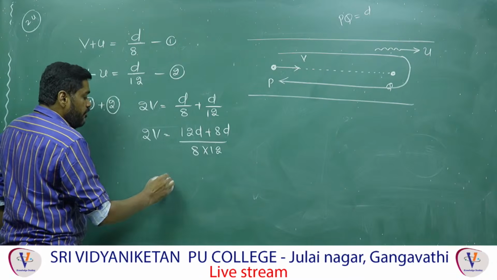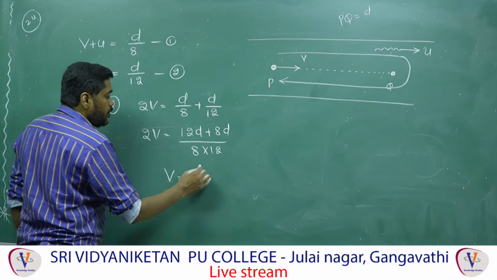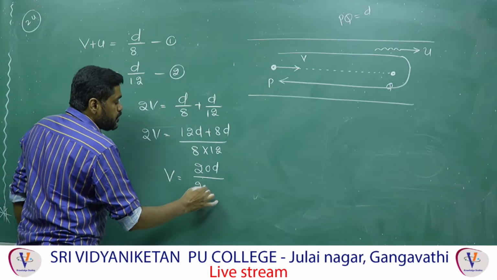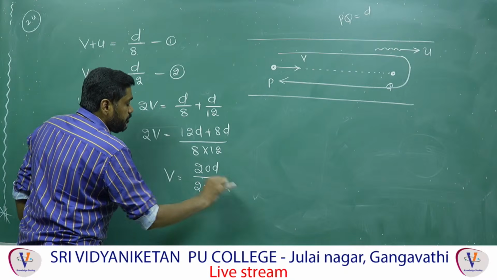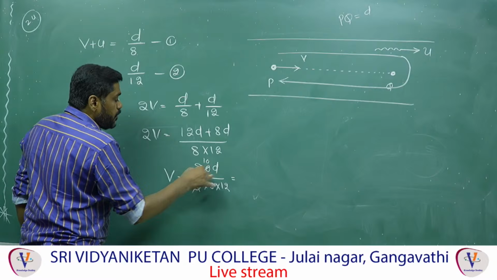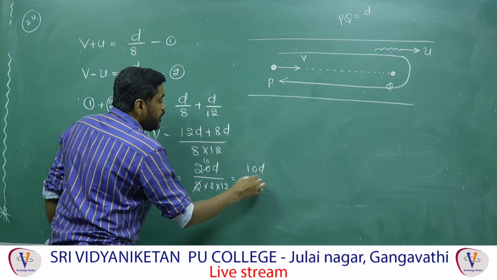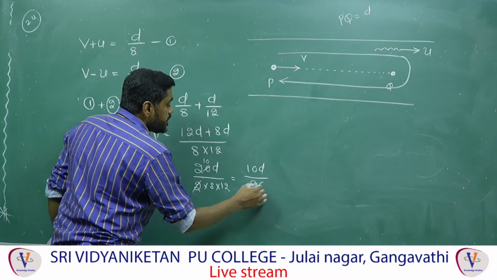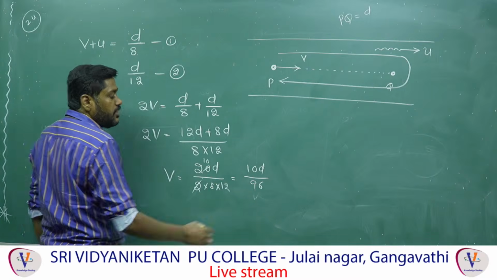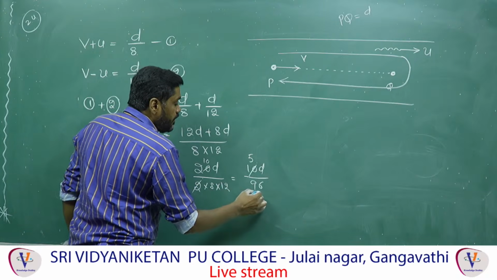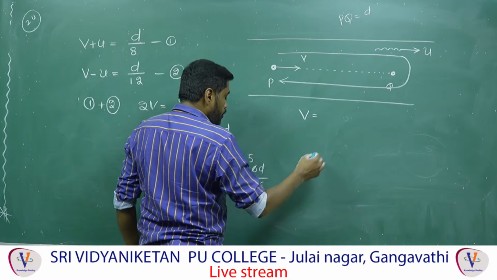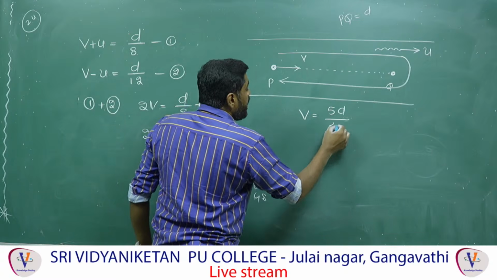Therefore V is equal to 20D by 2 into 8 into 12, that is 10D by 96. Again 2 fives are ten and 2 forty-eights are ninety-six. Therefore we got the speed of the boat is equal to 5D by 48.